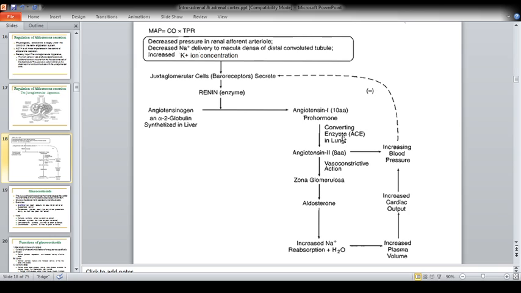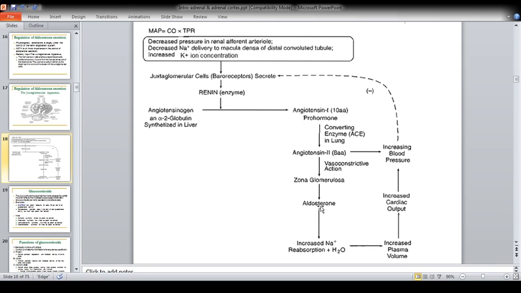This angiotensin 1 is converted into angiotensin 2 due to ACE, and angiotensin 2 is causing vasoconstriction, increasing blood pressure. Moreover, it is acting on the zona glomerulosa to release aldosterone from the adrenal gland.